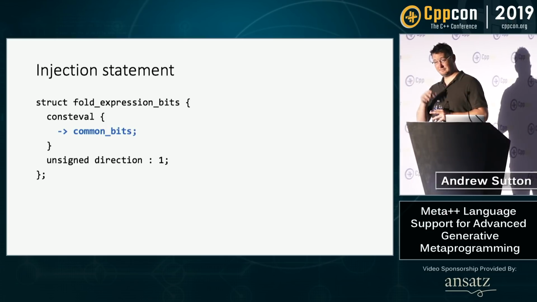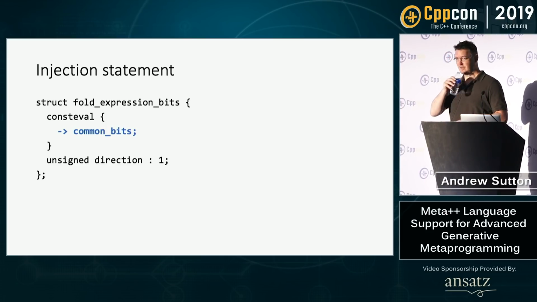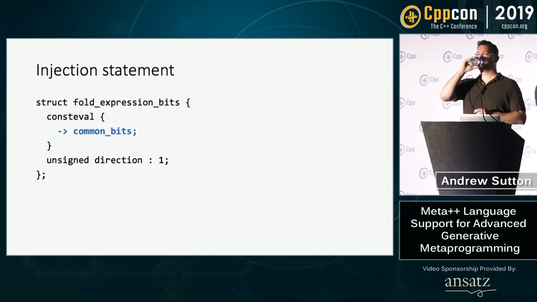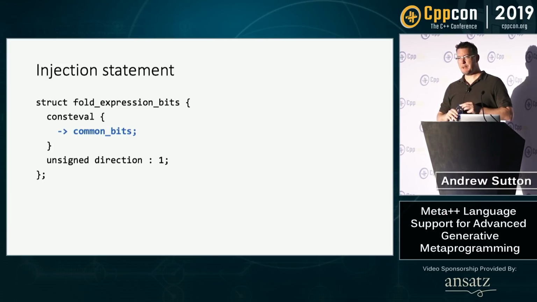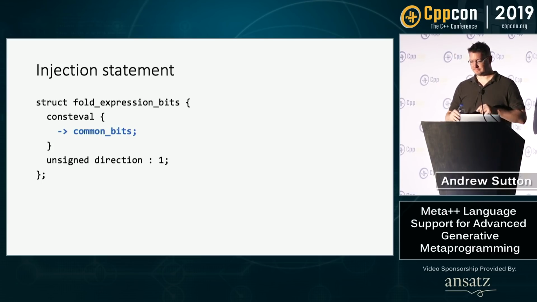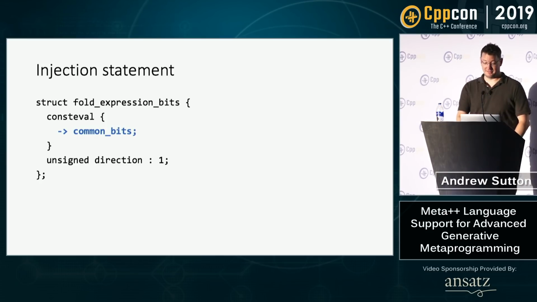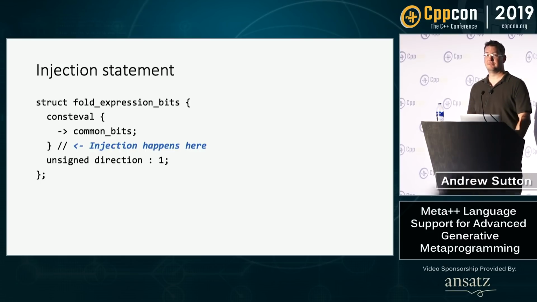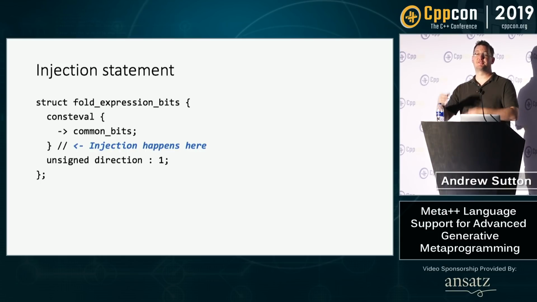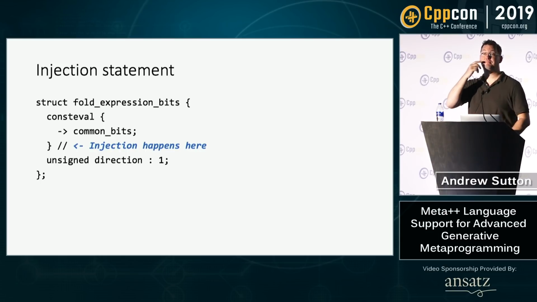You make a promise at the beginning that you inject common bits over there, and then when you get to the close bracket, that's where you actually inject the common bits, right? Yes, the common bits are injected there. And the metaprogram kind of disappears from the program. Once you've executed, it's gone.